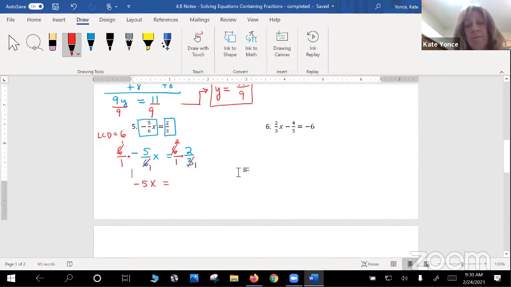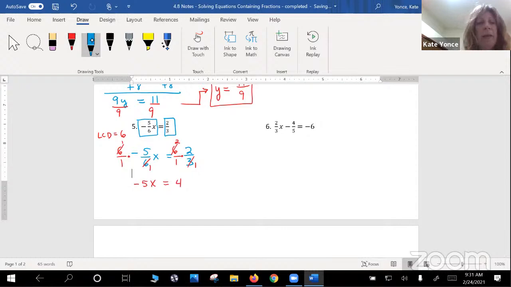Mm-hmm. Which is 4? Right. Do you guys see that? Yeah. Don't make it harder than it is. Like this 2 doesn't get multiplied way over here. We just had 6/1 times 2/3, and we're just trying to do that math. And we cross canceled, and we get 2 times 2, which is 4. Erica, do you see that? Yeah. Okay. Then what?